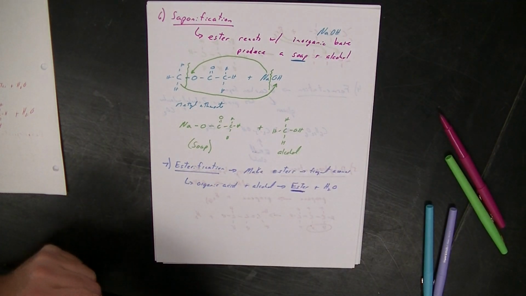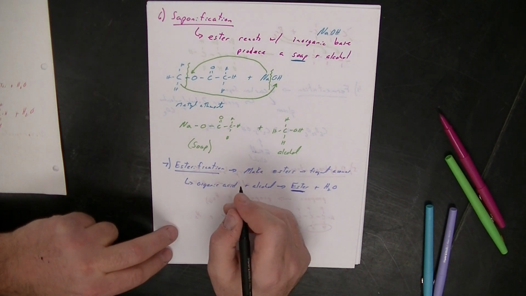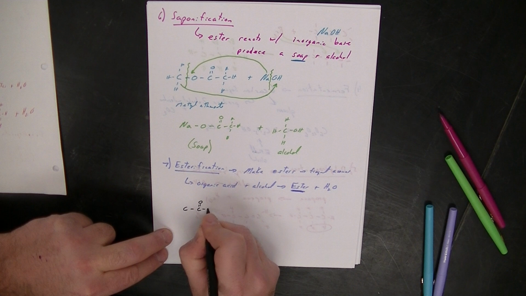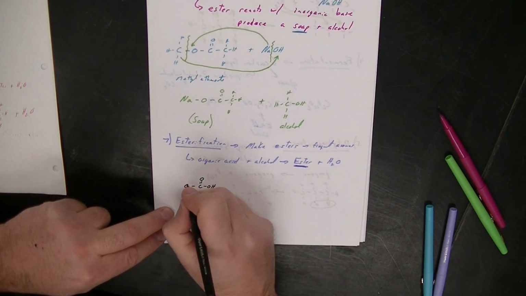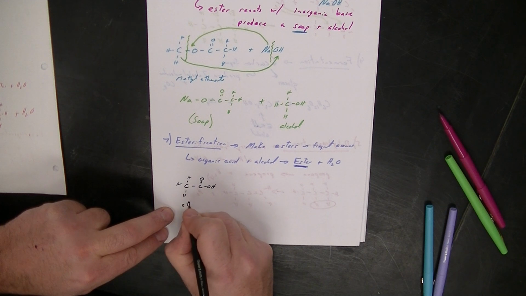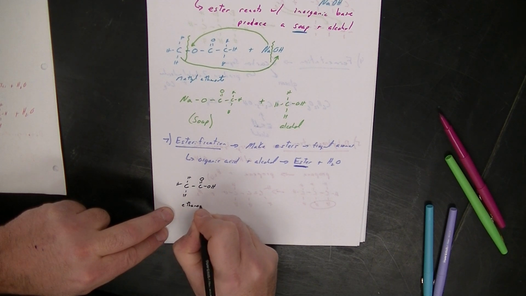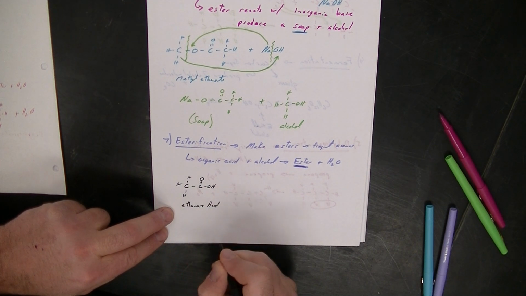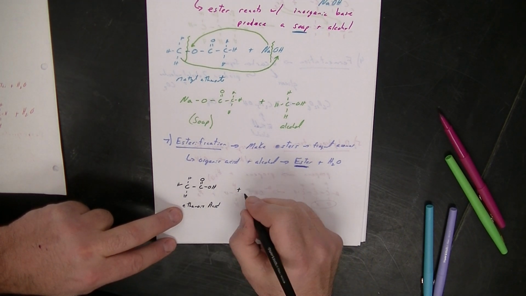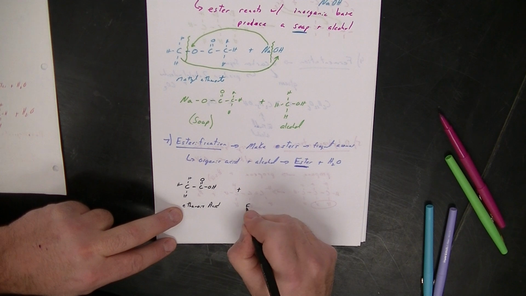So let's say that we start with ethanoic acid. And we're going to react it with ethanol.